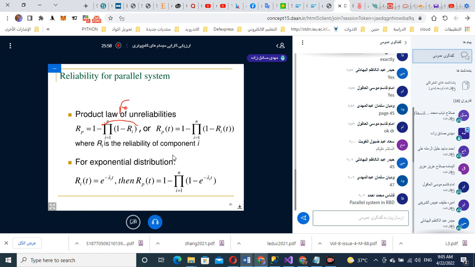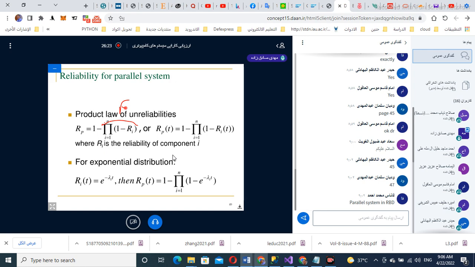Or the reliability of the parallel system with time t is 1 minus the product for i equals 1 to n of (1 minus Ri(t)), where Ri is the reliability of component i, for an exponential distribution. So Ri(t) equals e to the power minus lambda i t.